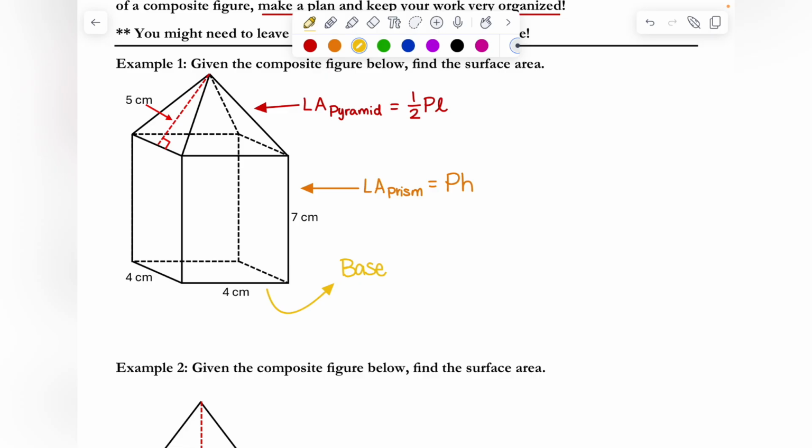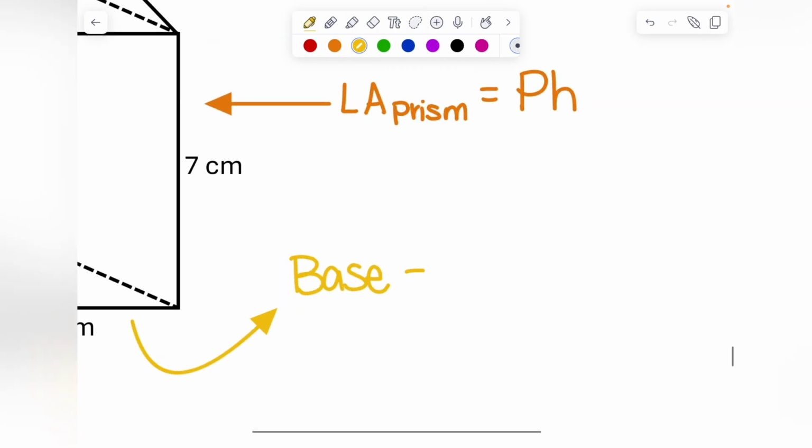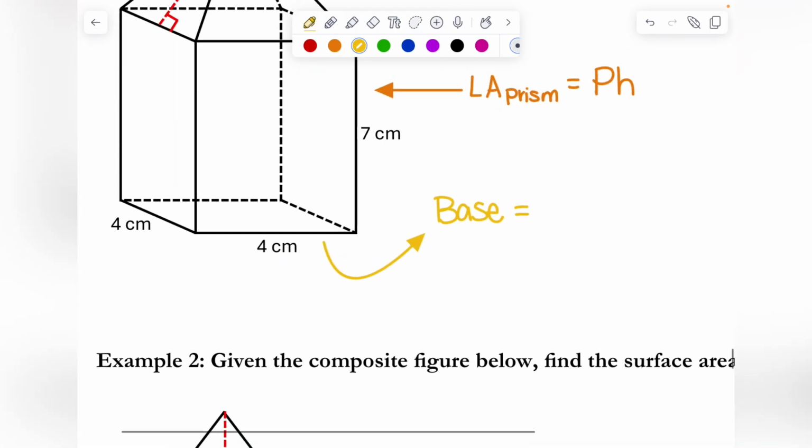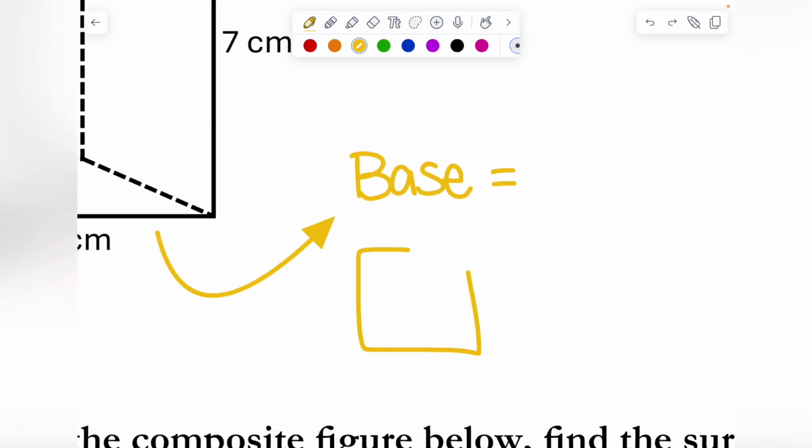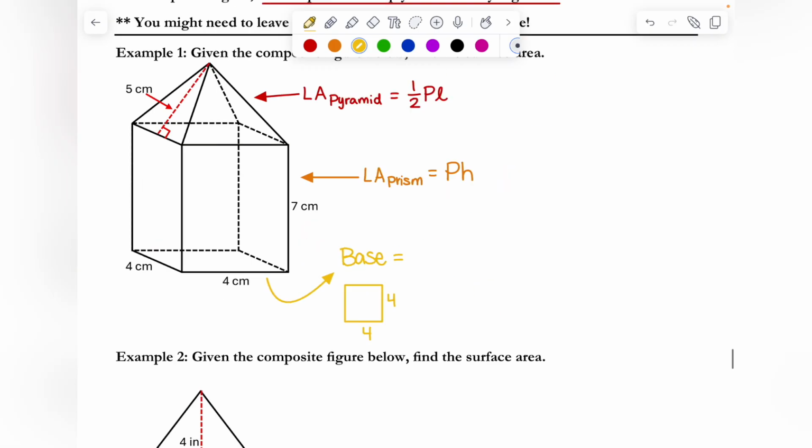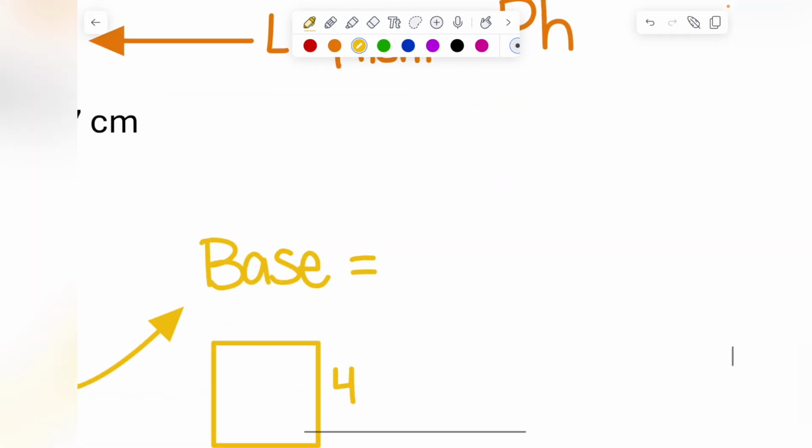So let's go through, and I'm going to skip around. I'm going to start with the base. If you look here, the base is this piece, and it's a square that's 4 centimeters on each side. So the area of the base is 4 times 4, which is 16.